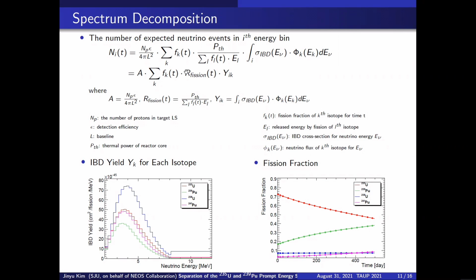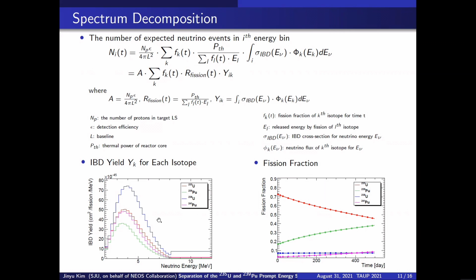This can be simplified as the relationship between fission fraction, fission rate, and IBD yield for each isotope. The number of neutrino events for reactor-on time can be obtained from data. And when the constants, fission fraction and fission rate are known, the IBD yield for each isotope can be decomposed.